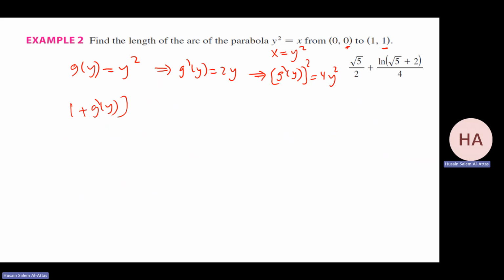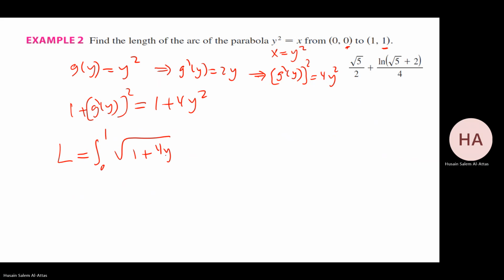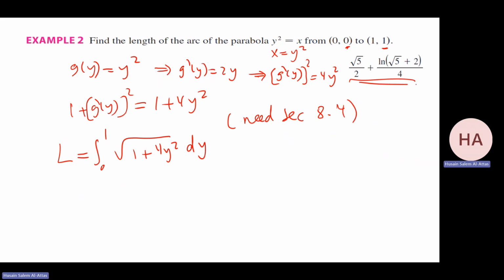So 1 plus g prime of y squared will be 1 plus 4y squared. So my L will be the integral from 0 to 1 of the square root of this. And this you need section 8.4 to do it, and the answer will be this.